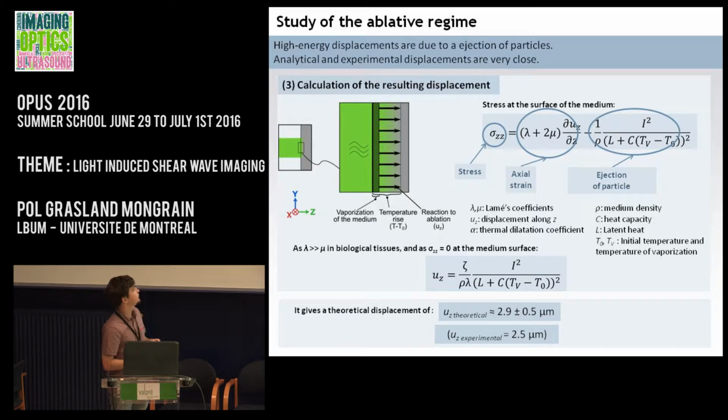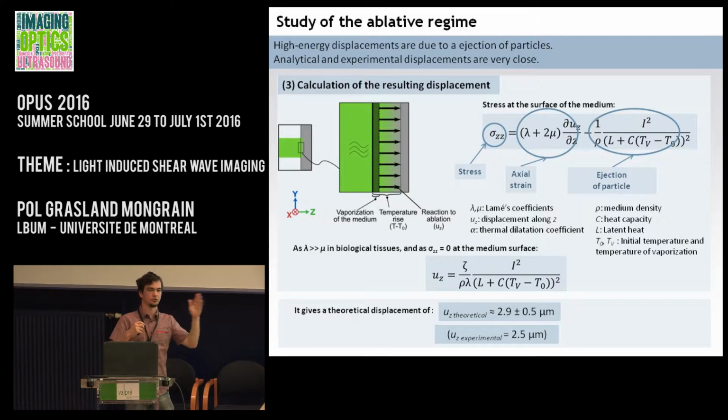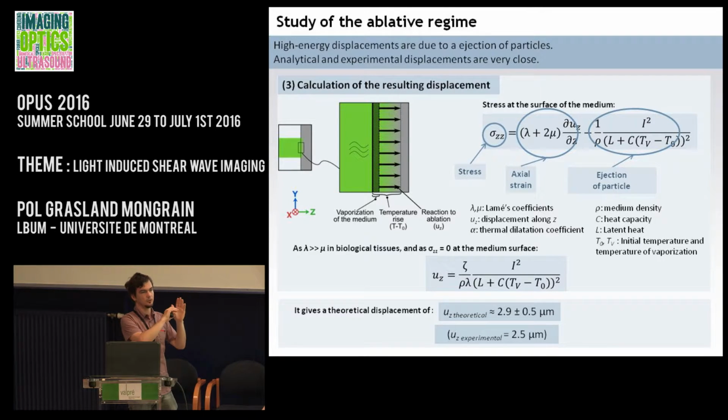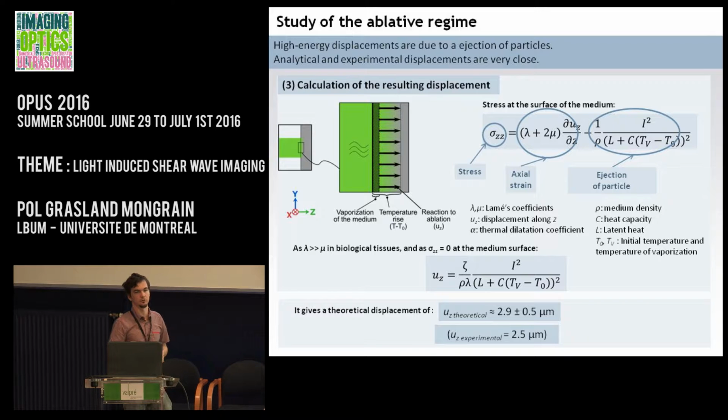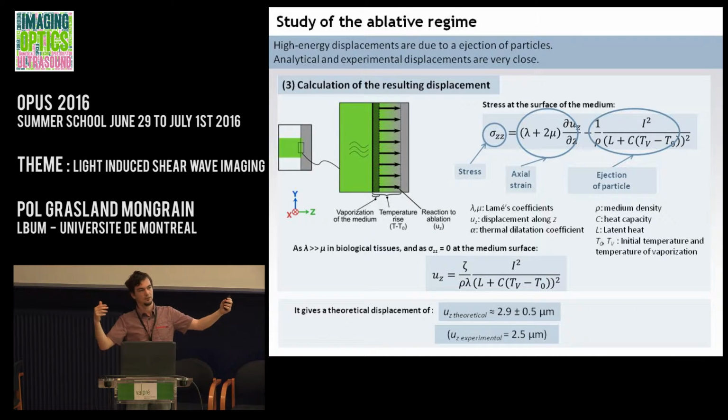So the model that we have adopted is that we vaporize a part of the medium. So some particles are ejected outside the medium, and by reaction there is some displacement inside the medium. It's similar to if you fire a gun, there is something which is ejected, and there is a reaction to the displacement.